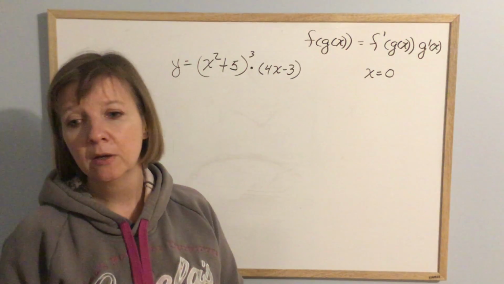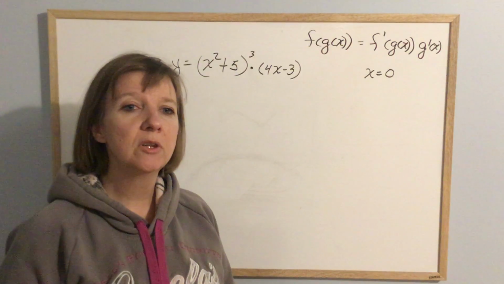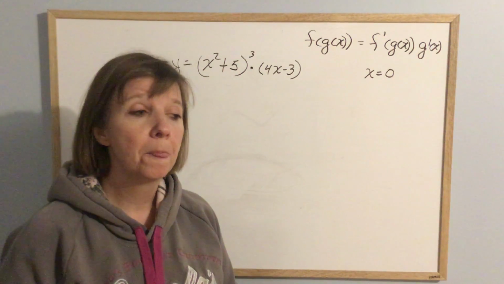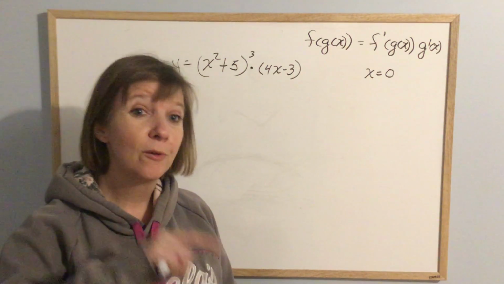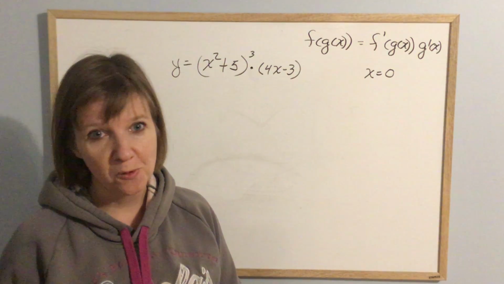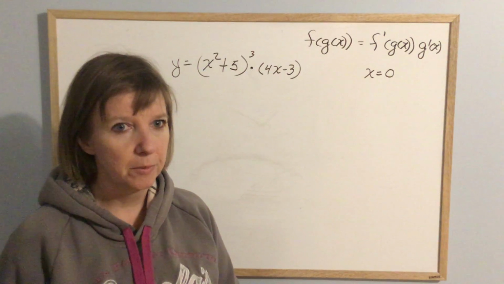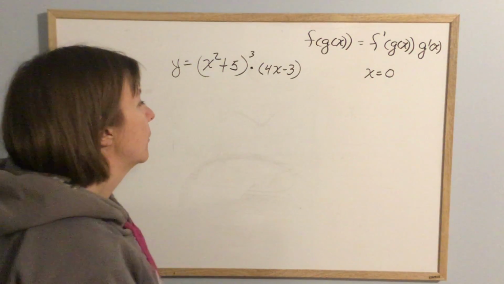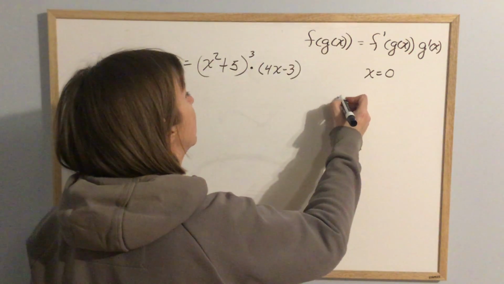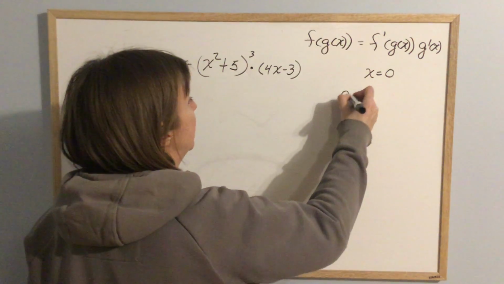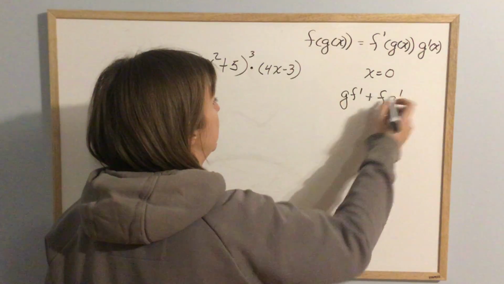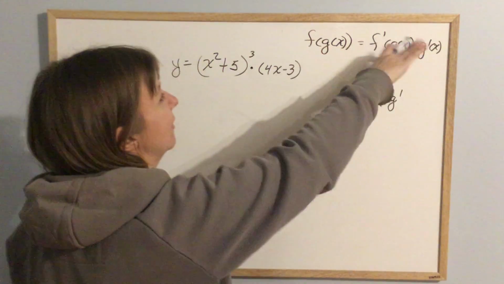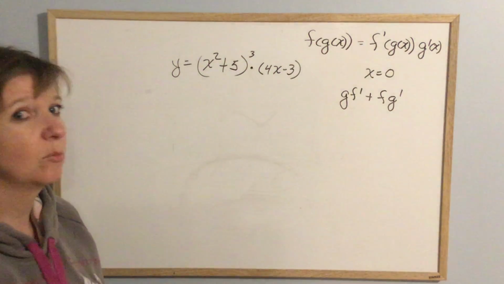So not only am I going to have to do the chain rule, I'm also going to have to do the product rule. I have to do the chain rule inside the product rule. Not fun, but true. So remember that the product rule says g f prime plus f g prime. Now f and g are not the same as they would be up here for the chain rule.